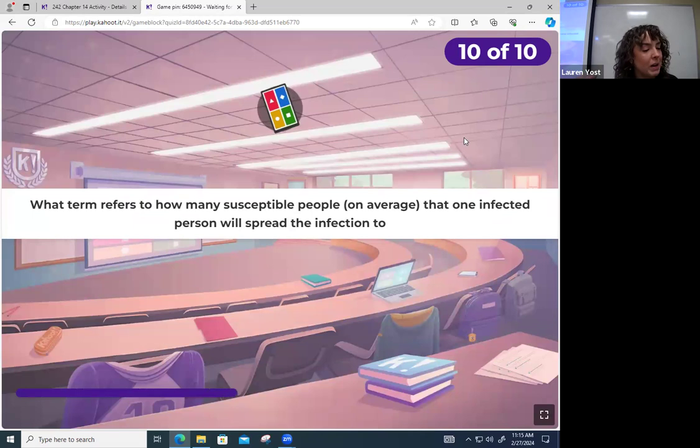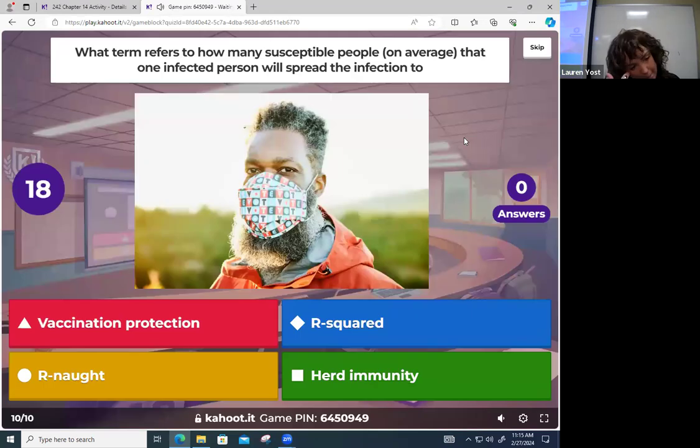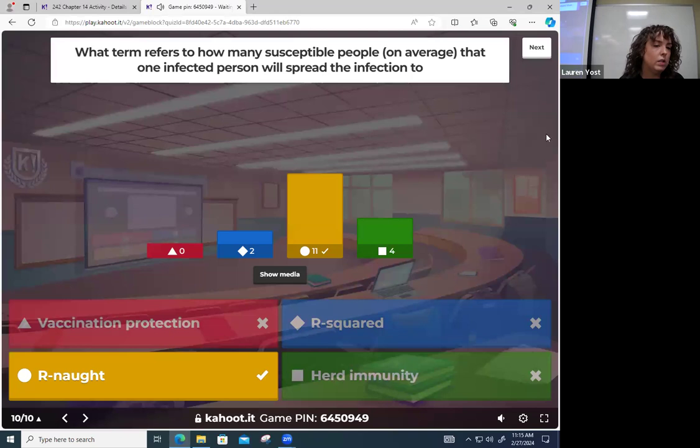What term refers to how many susceptible people on average that one infected person will spread the infection to? All right, so that is correct.